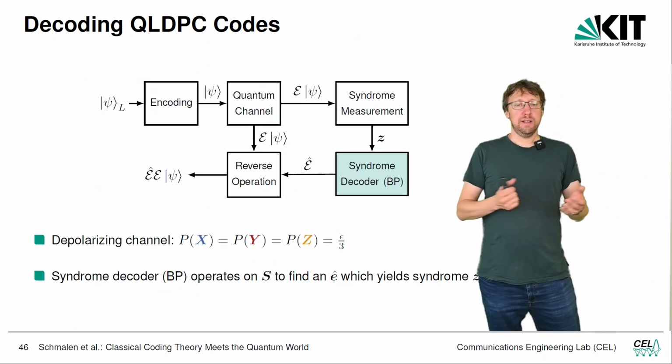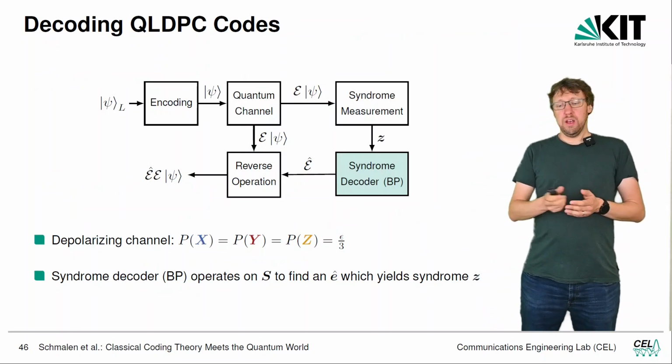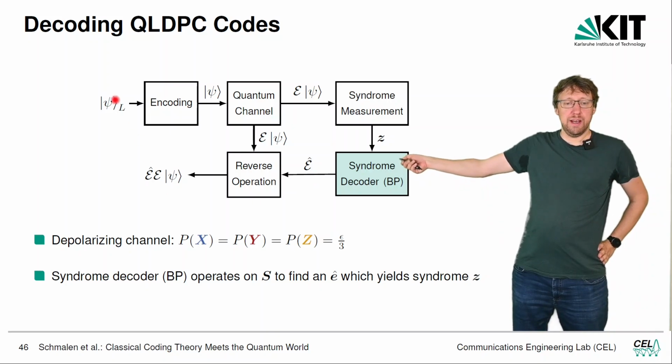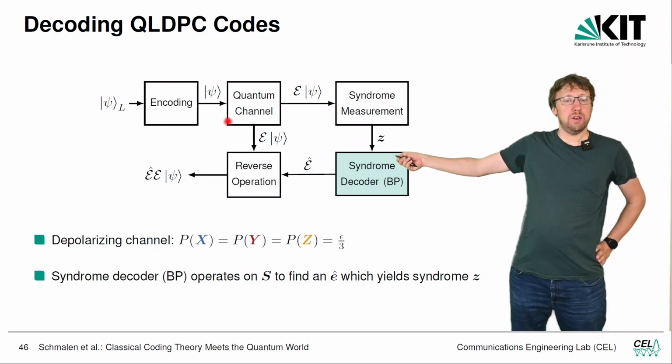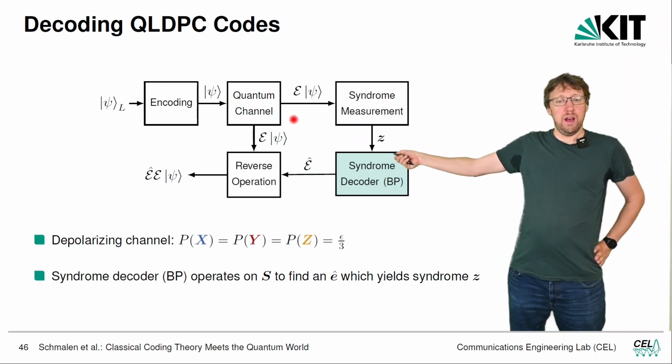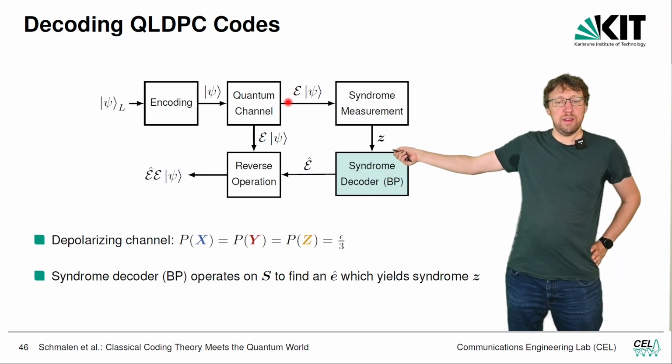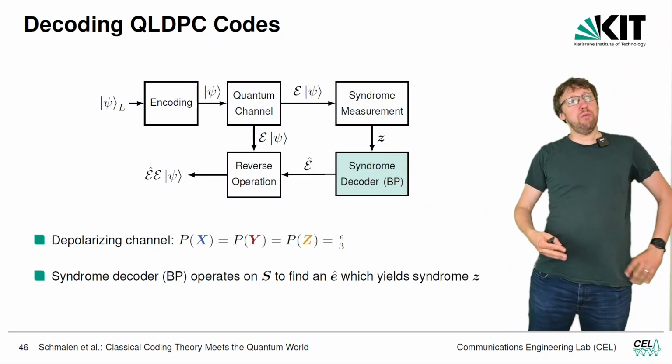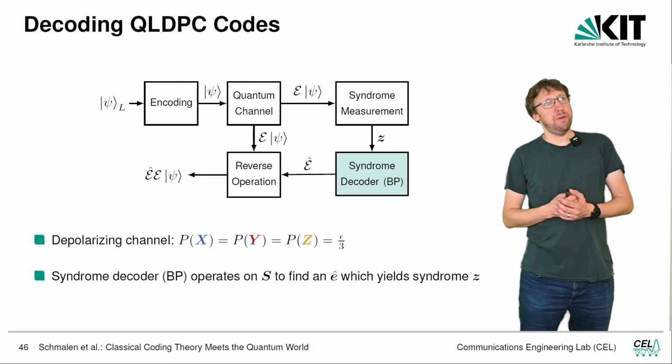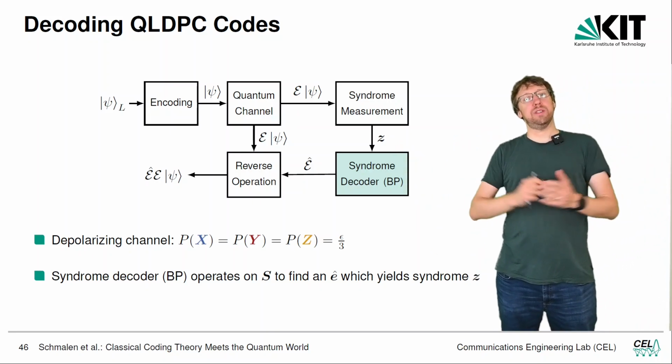How does the coding scheme work? So you have a logical quantum state phi L, and you encode it using your quantum LDPC codes. On the channel, there is an error E that acts on the state. We saw we cannot measure the code word directly because it would destroy the superposition.